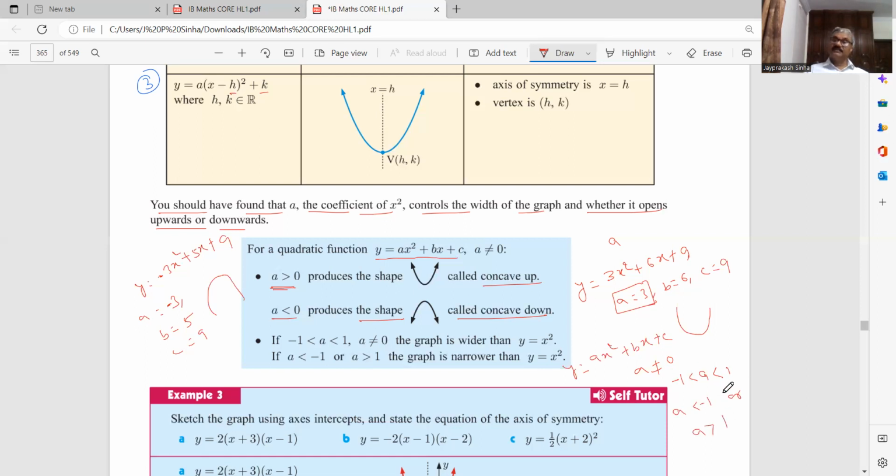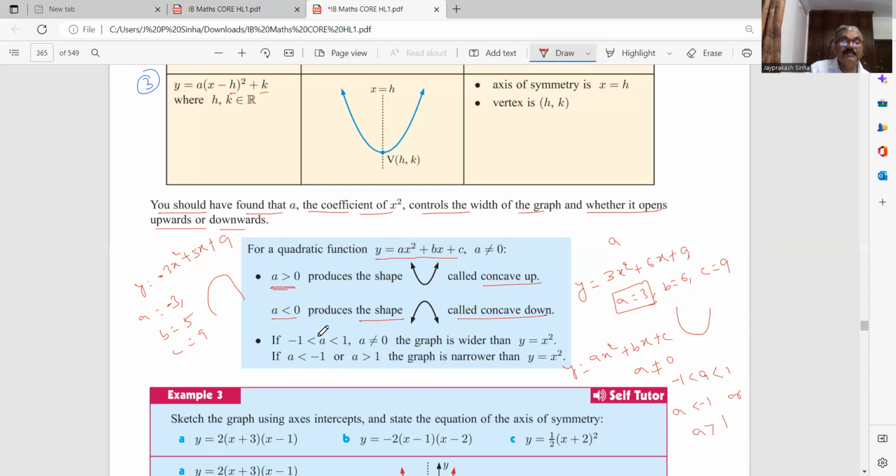These are the possibilities. Okay, a is not equal to 0, that is sure. Then what are the other possibilities? Means a can be between -1 and +1, a can be less than -1, and a can be greater than +1.